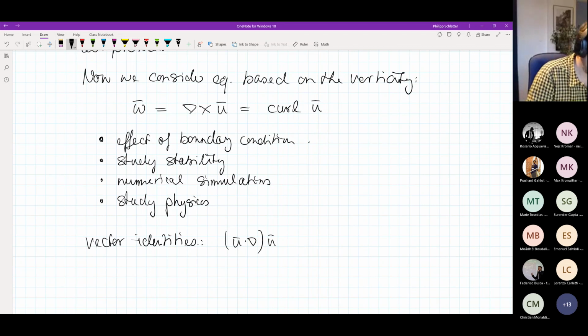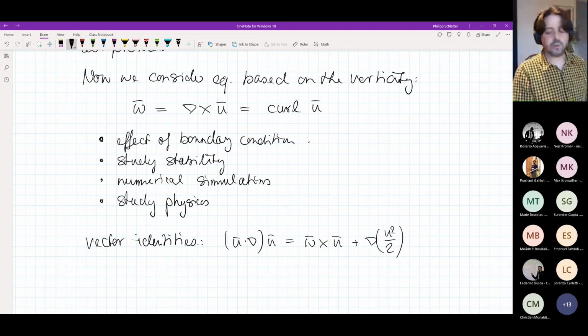If you have u times nabla times u, which essentially corresponds to the nonlinear term of Navier-Stokes, this can actually be written using the vorticity as vorticity cross u plus nabla times u squared divided by 2. So this is a vector which can be written as the cross product between the vorticity and the velocity plus the gradient of the kinetic energy u squared divided by 2. It's quite an easy derivation, and I invite you to try that out.